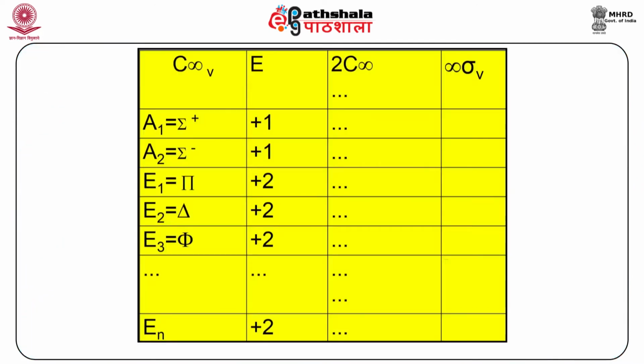That is, A1 is equal to sigma plus, A2 is equal to sigma minus, E1 is equal to pi, E2 is equal to delta, E3 is phi, and these are represented for the character of E plus 1, that is A1, A2 plus 2, E1, E2, E3 is plus 2. Like this we have up to En. So for linear molecules, the Mulliken notation is slightly different from the general point group systems.